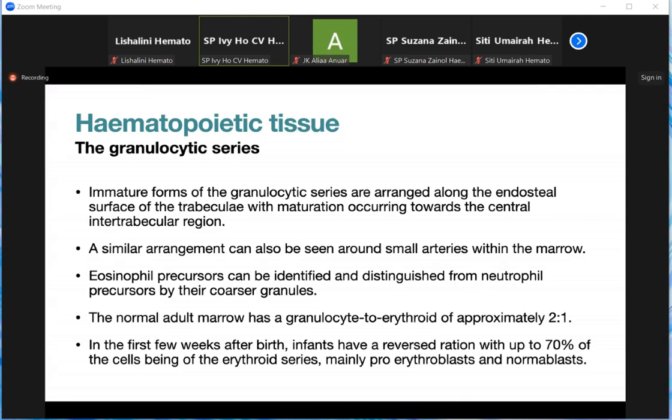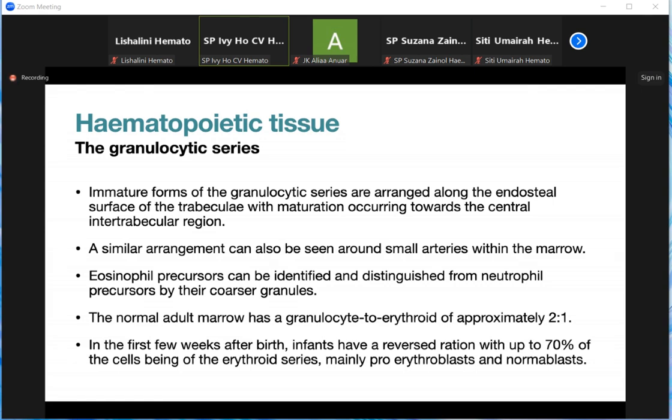A similar arrangement can also be seen around the small vessels within the marrow, which means when you see the small vessels, those cells around them tend to be the more immature forms. As it moves away from the vessels, it becomes the more mature forms of the granulocytic series. And of course, the eosinophil precursors can be easily distinguished from the neutrophil precursors by their very red and coarse granules.